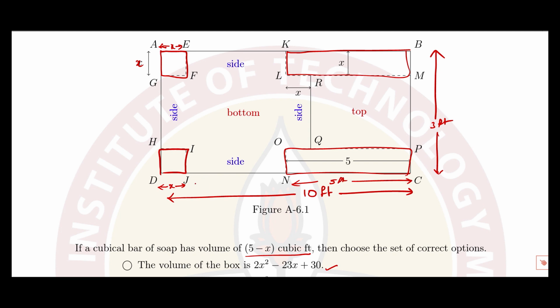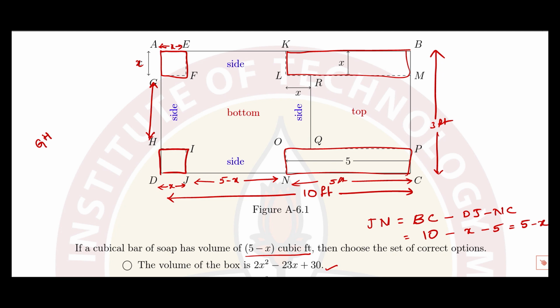So JN, which is one of the lengths of the box, is nothing but DC minus DJ minus NC, which gives me 10 minus x minus 5, which is equal to 5 minus x. So this is 5 minus x.